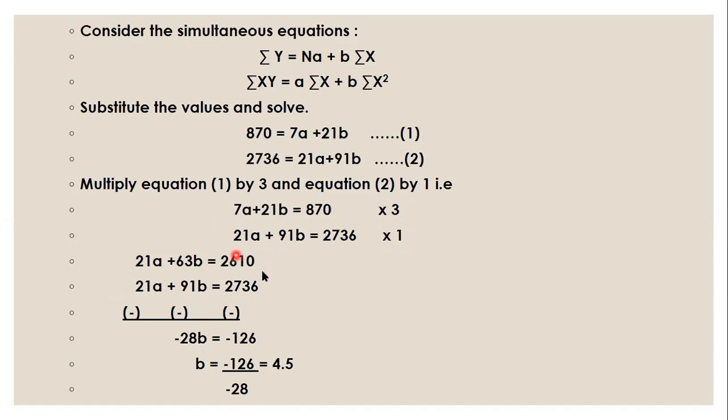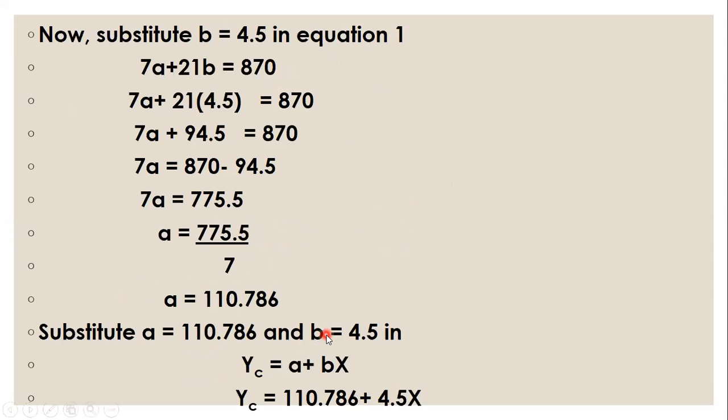Later we subtracted both the equations and we got the value of b, and then we found the value of a by substituting the b value in one of the equations, and we got a as 110.786. Now substitute a and b in the equation.